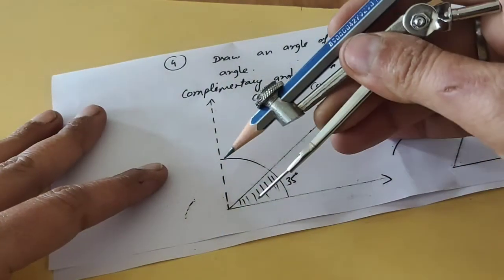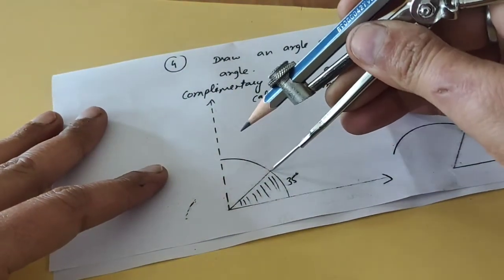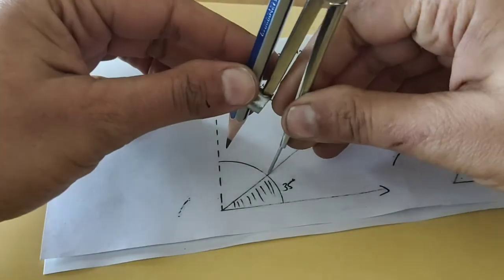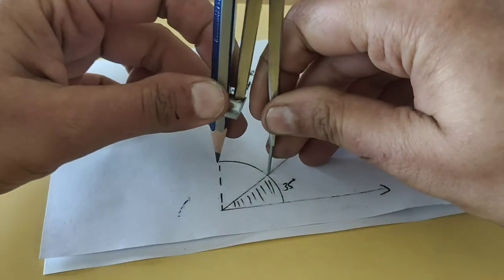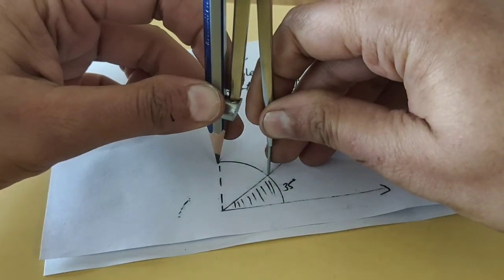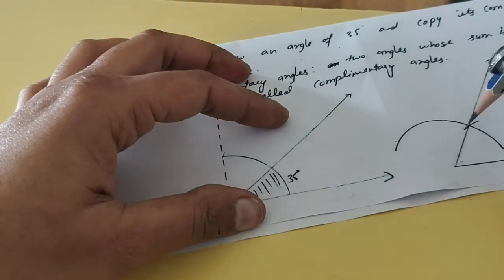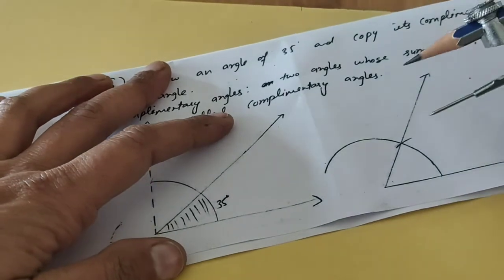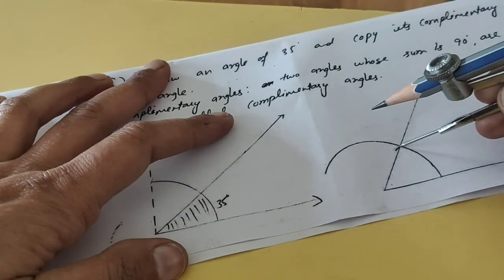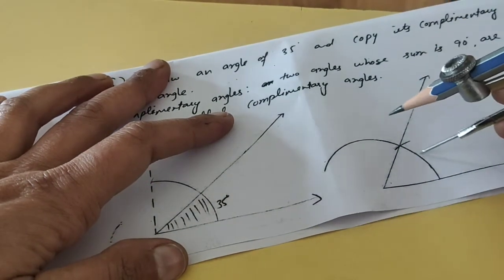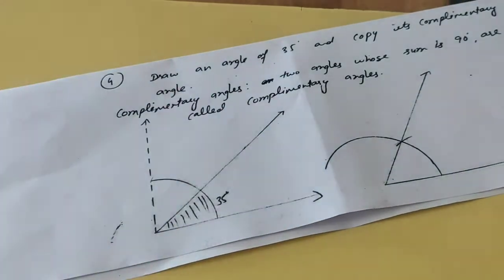Then measure it till here where it cuts. Then keep the compass here and just cut it. So you will reach this point, and join this point to get the required angle.